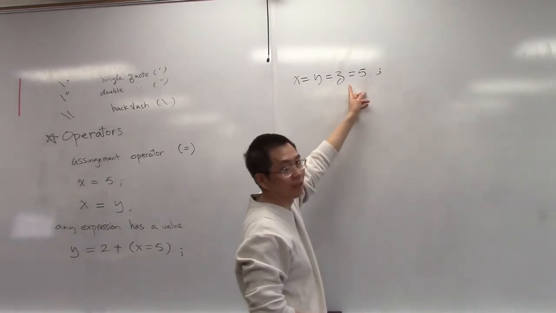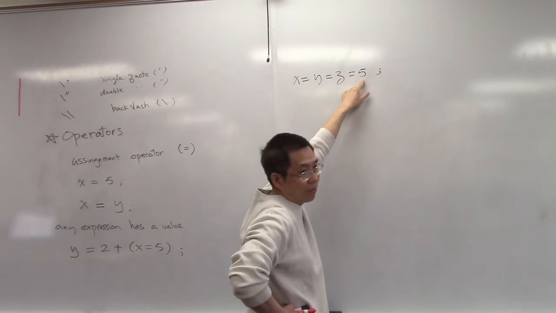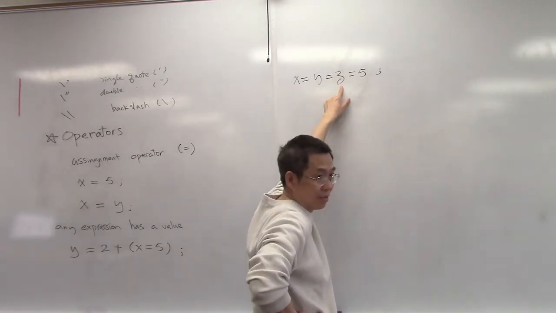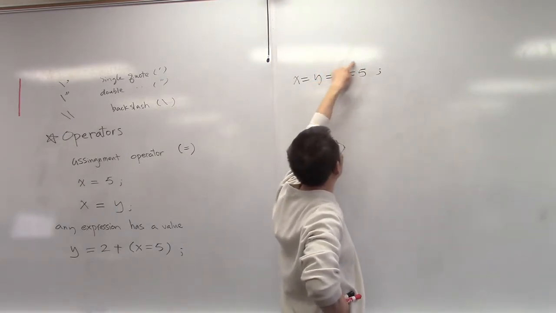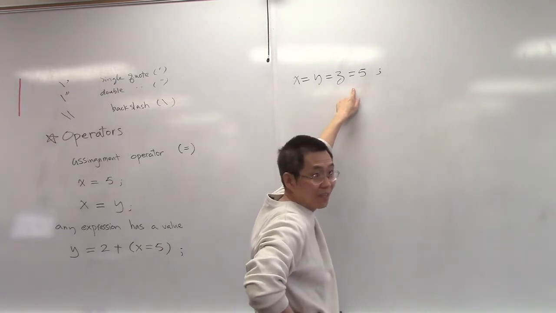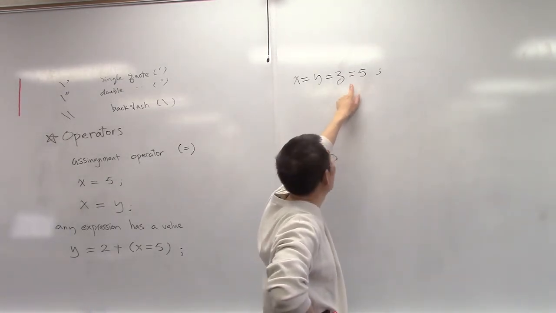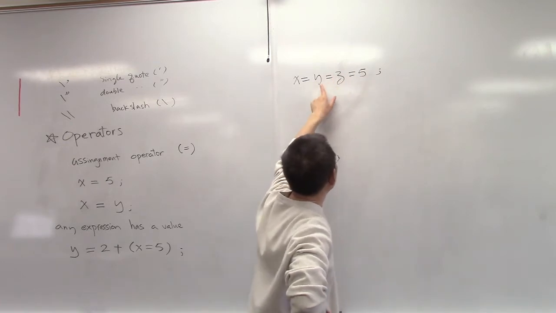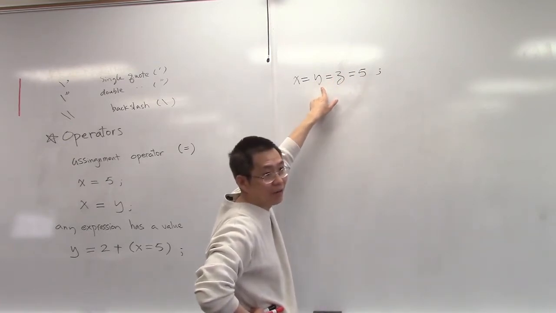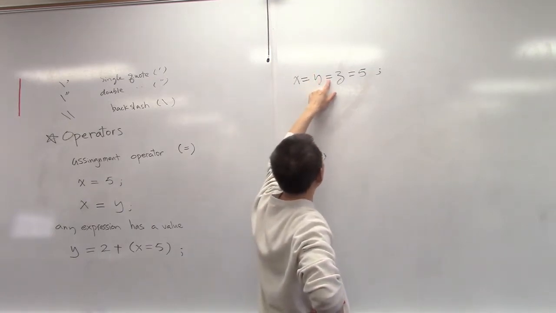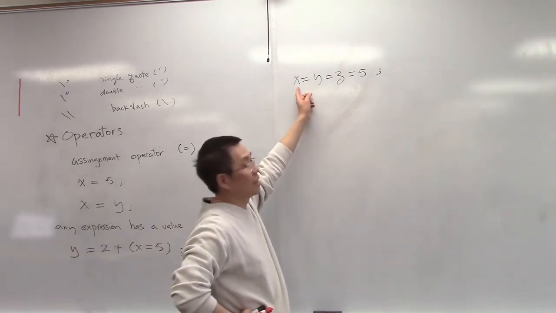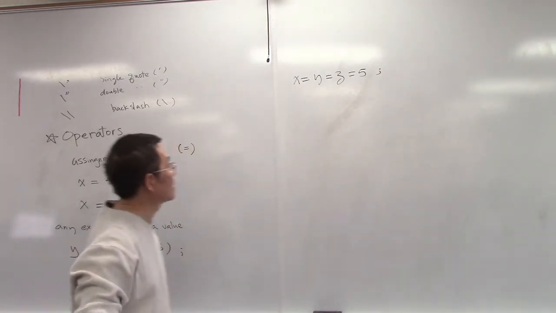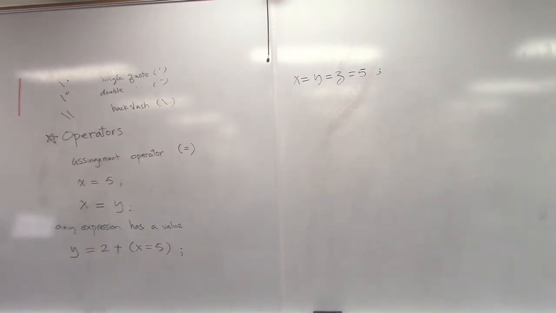So this is carried out first. It says, okay, now assign the value of 5 to variable z. But then after this is done, it itself is taken as an expression. Expression has a value, which is 5. So that expression value is assigned to the variable y. So y has a value of 5 now. But then, because of that equal sign, that's another expression. It has the value of 5, and that value is assigned to x. So at the end, after the execution of that statement, x, y, z, they all have the value of 5. Okay?